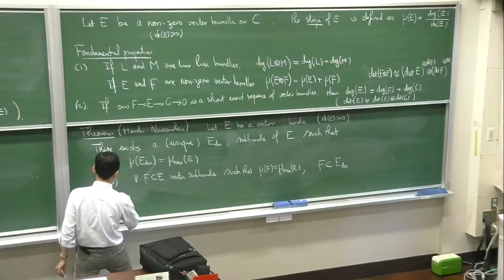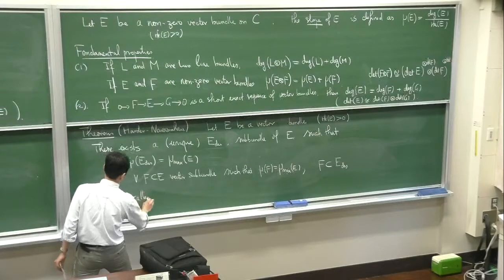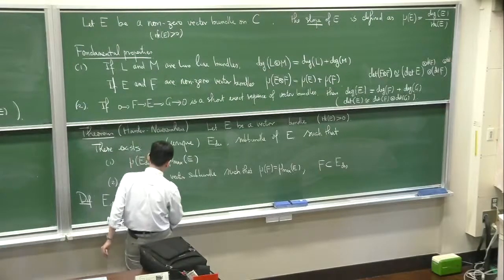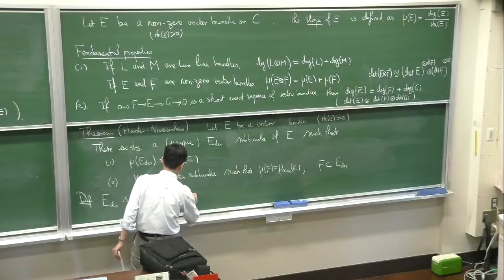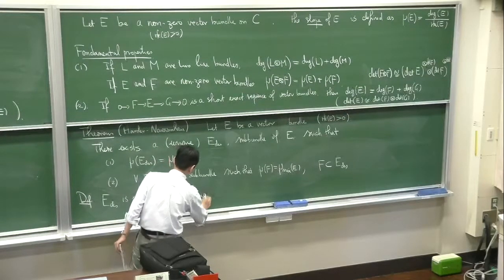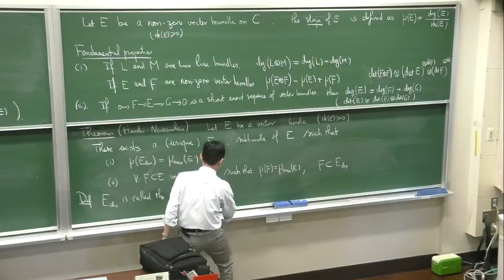So E_ds is called the destabilizing subbundle.